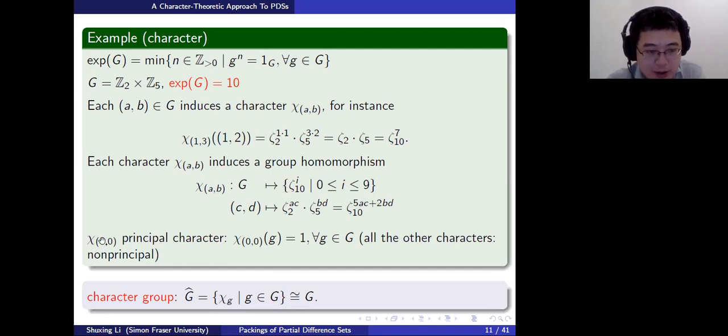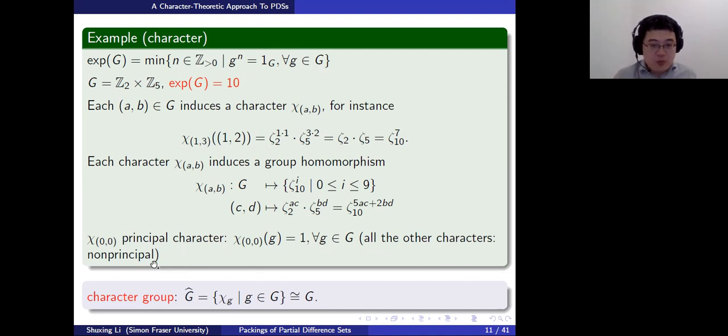And there's one very particular character called the principal character that is induced by the identity element of G. This principal character is somewhat boring because it maps all the group elements to the number 1. So mostly we are interested in all the other characters, which are non-principal.